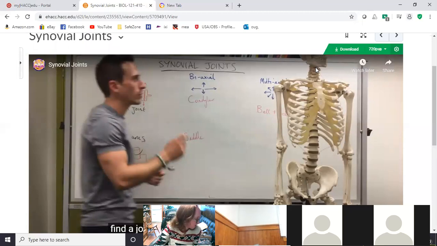It will allow you to move your head back to say, nope, I don't want that. So between the atlas and the axis, that little dent that's up here, that's a pivot joint.